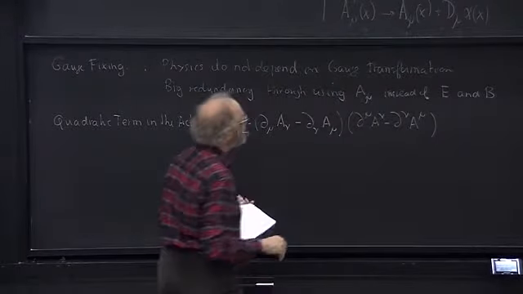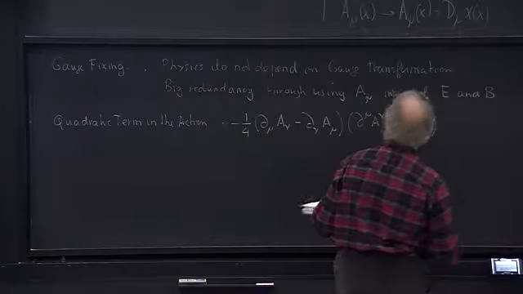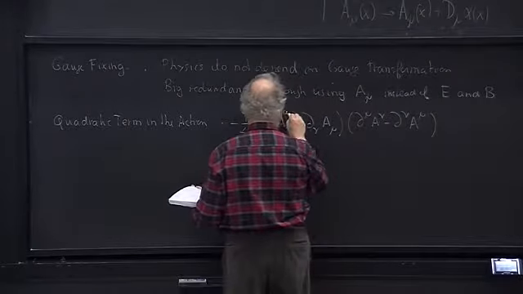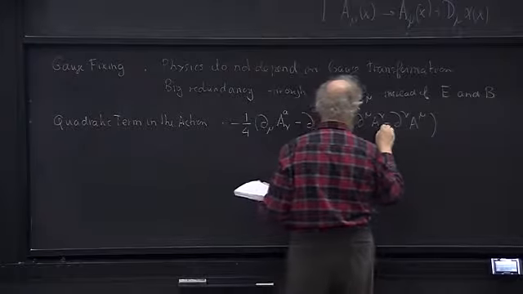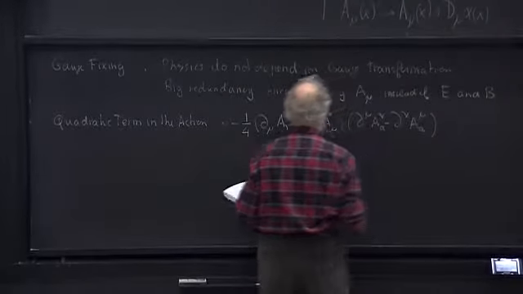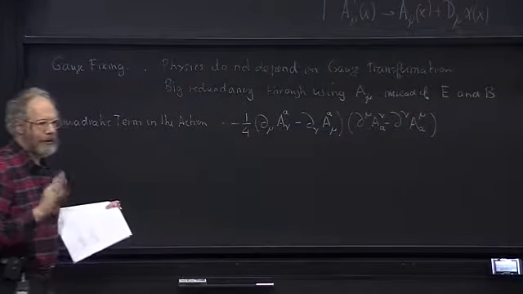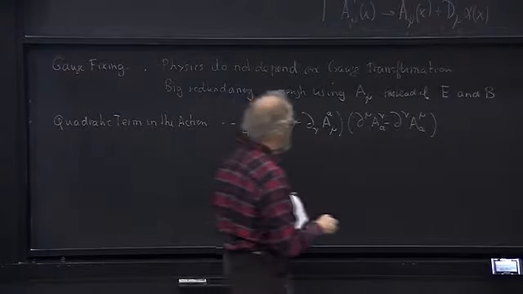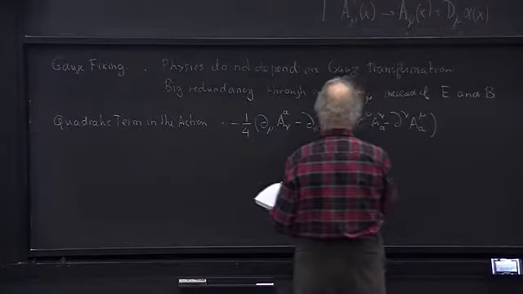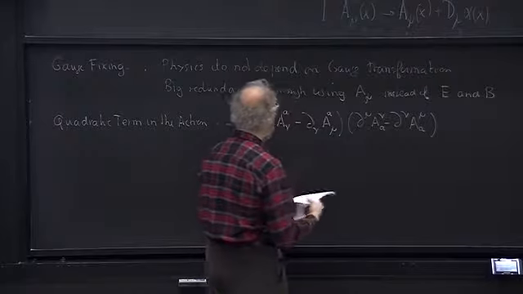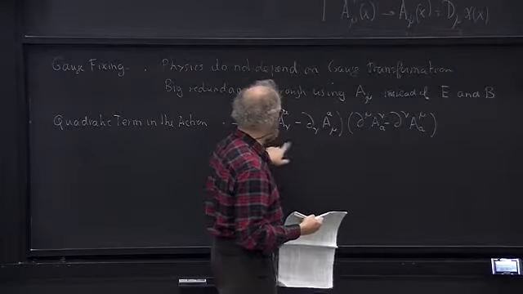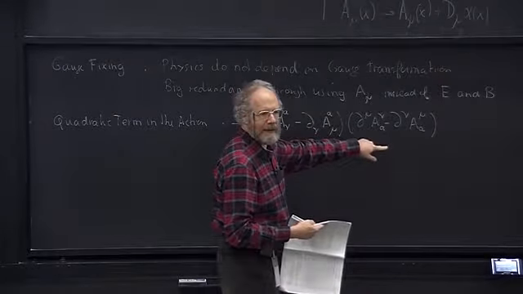The difference with Maxwell theory is just that you have to add the color indices, a equal 1, 2, 3, with a sum over it. So you have 3 copies of 3 different gauge fields, but the quadratic term is exactly like in Maxwell.